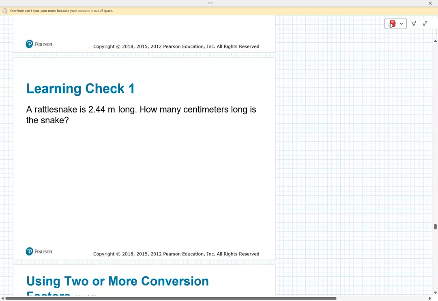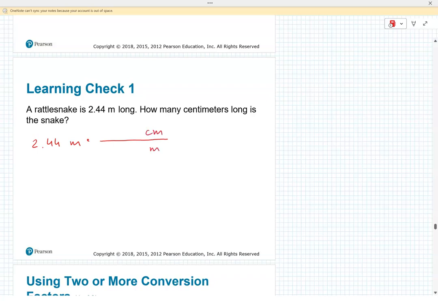How about we make it slightly different? We can do centimeters, and let's do inches as well. So if a rattlesnake is 2.44 meters long, you have to go from meters to centimeters, right? Everybody agrees? Where should meters go? Centimeters? What number should I put on top?